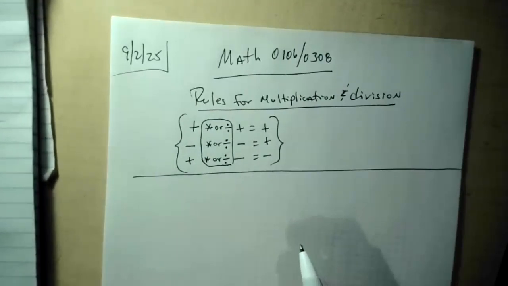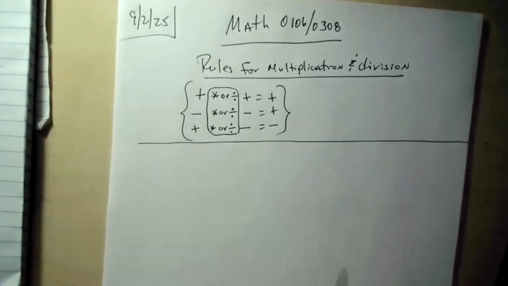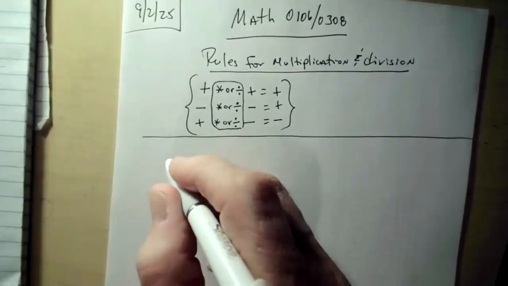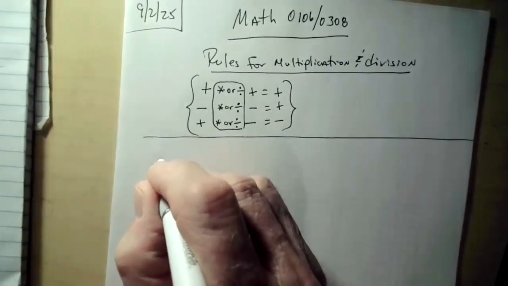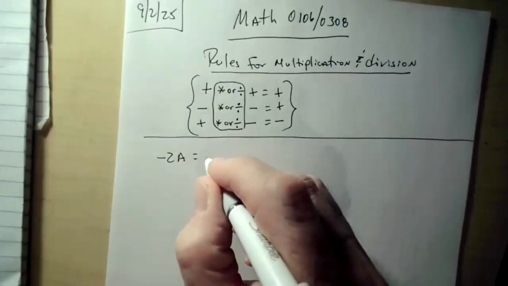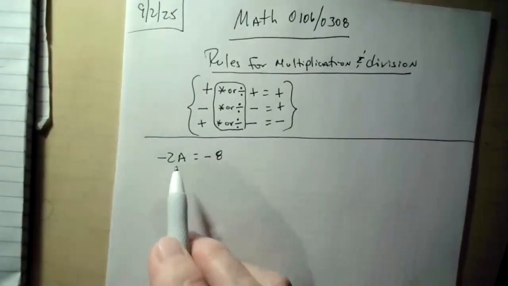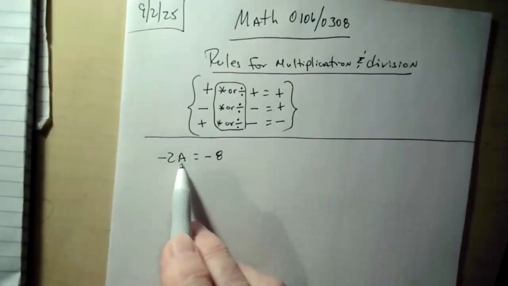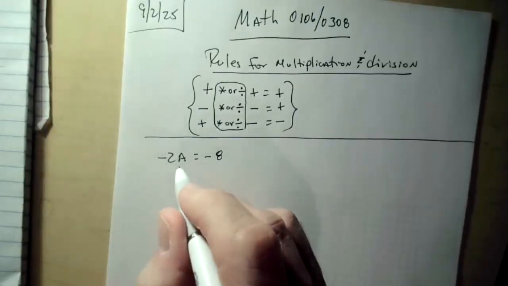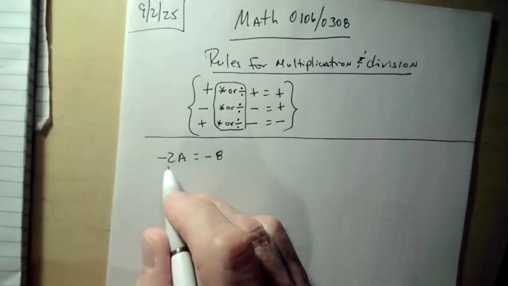forever. Let me go back and review something that was very important. If we have negative 2a equals negative 8. Okay. Now, what do we want to do? We want to get a over here, and I think it's going to be 4 over there. So how do we get a over here by itself? Remember, you want to do the opposite of whatever it says.